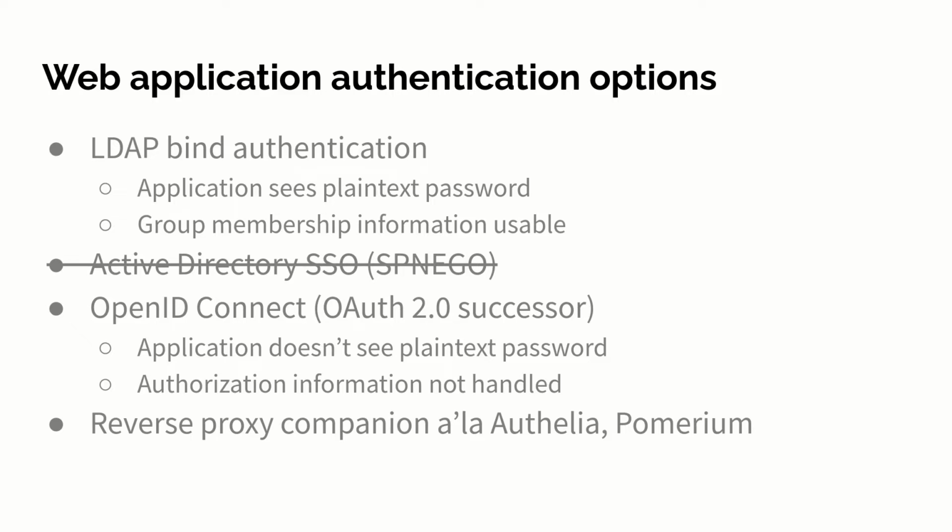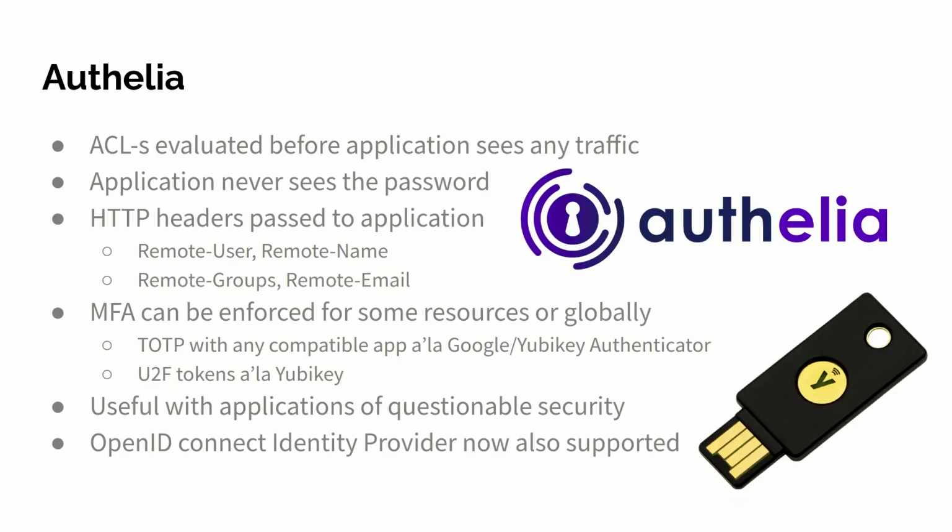And we've got also fourth option that I identified. This is the reverse proxy companion. So we've got a couple components here. We've got Authelia and Pomerium. And Authelia essentially works with your reverse proxy. It will intercept the traffic before it hits the web application. If necessary, it presents the user a login dialog.